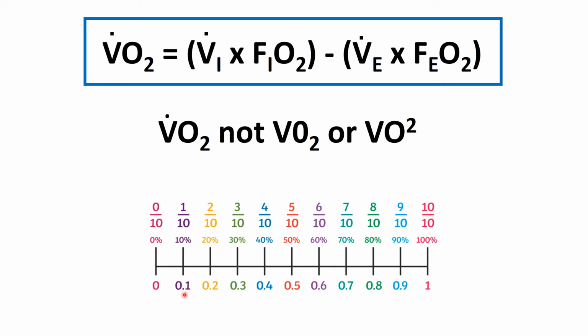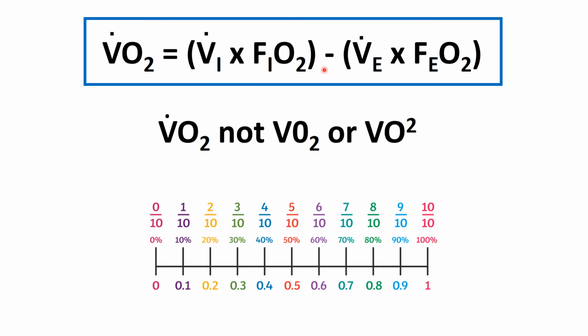And then if we look at some of the numbers that are going to be close to what we're going to measure, let's say the percentage of our inspired oxygen was around 20%, that would correlate to a fraction of 0.2. So if you're struggling with fraction, it has to be a fraction for the calculation to work, but you can consider it to be a percentage divided by 100. Right, so that's the inspired side.